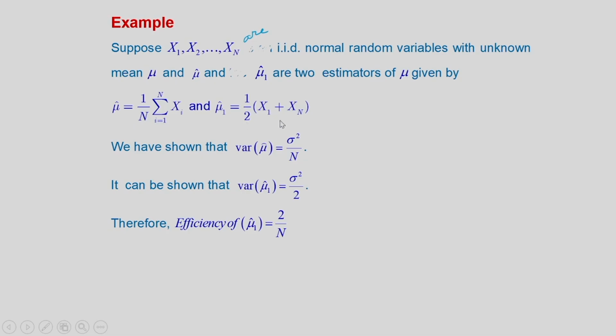Now, both are unbiased estimators, and we see that variance of mu hat, the sample mean, is equal to sigma square by n, and we can show that using the same formula with n equal to 2, variance of mu 1 hat will be equal to sigma square by 2. Therefore, if I consider the ratio of this quantity divided by this quantity, we get 2 by n. So, this is the relative efficiency of estimator mu 1 hat with respect to mu hat.